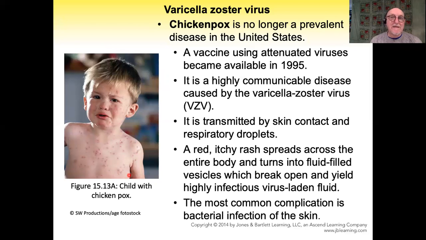So chickenpox used to be extremely common and, in fact, quite a high cause of mortality in children and infants. It produces a widespread fever, first of all, and widespread rash over the body of these pustules with little pussy outbreaks. It's very, very easily transmitted. It's highly communicable.